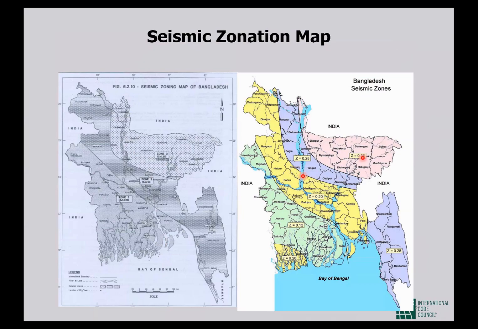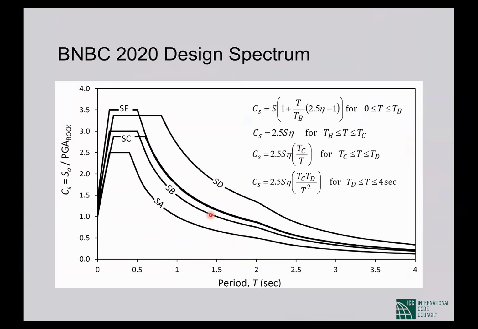These accelerations are actually for rock: if the soil is rock, then it is supposed that this amount of acceleration will happen. And the properties of the topsoil are taken care of here. So we'll have to multiply this value with the Z value, and then we'll get the acceleration.